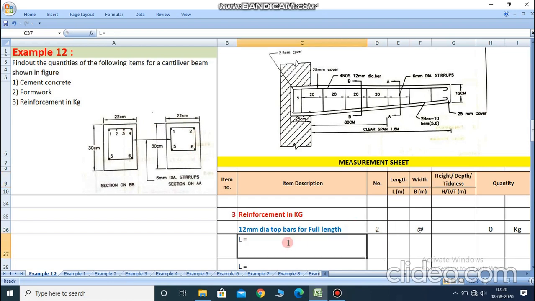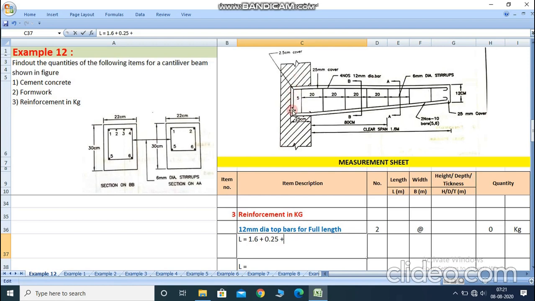Then first we find out the total length of the bar. So total length is from the end point to wall, up to wall. So total length of the clear span is 1.6, then plus, here in a support side 25 centimeter support is fixed in the wall. So here we write 0.25. Then after, here 30 centimeter, this value is the 30 centimeter height of the beam.